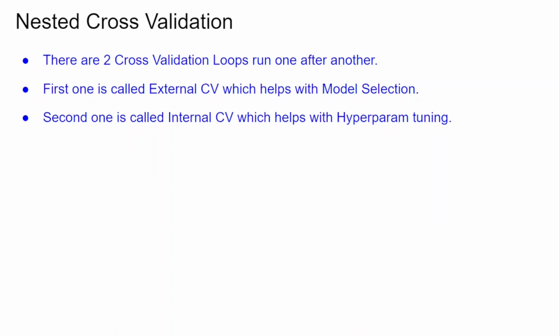The second, which we call the internal cross-validation, helps us do hyperparameter tuning. So instead of having two different stages done separately, we are now tying them all together, and giving them names referring explicitly to what we plan to achieve.